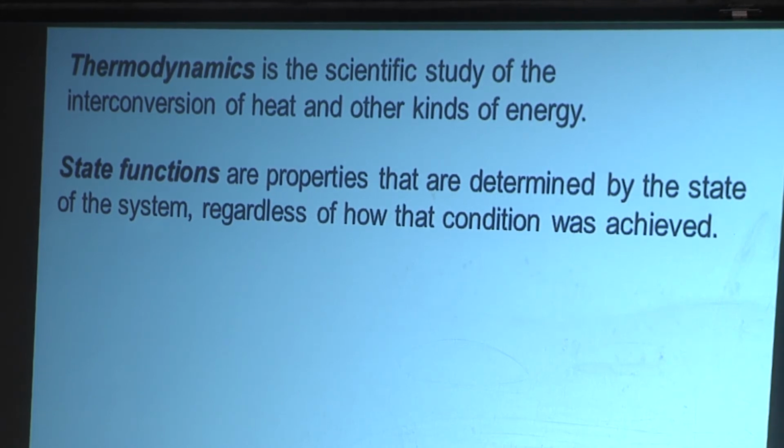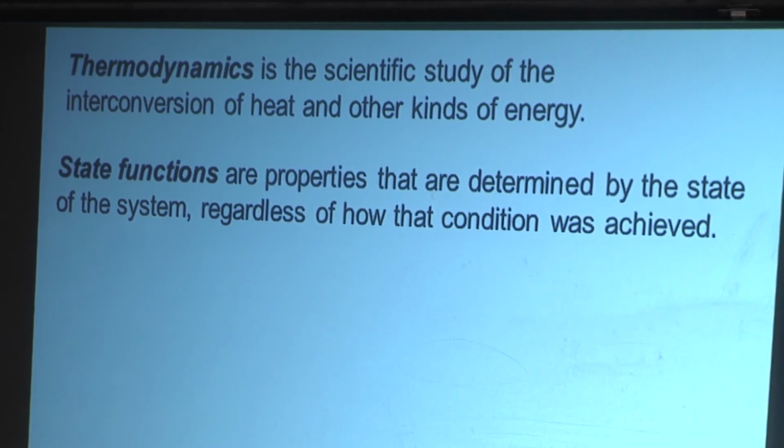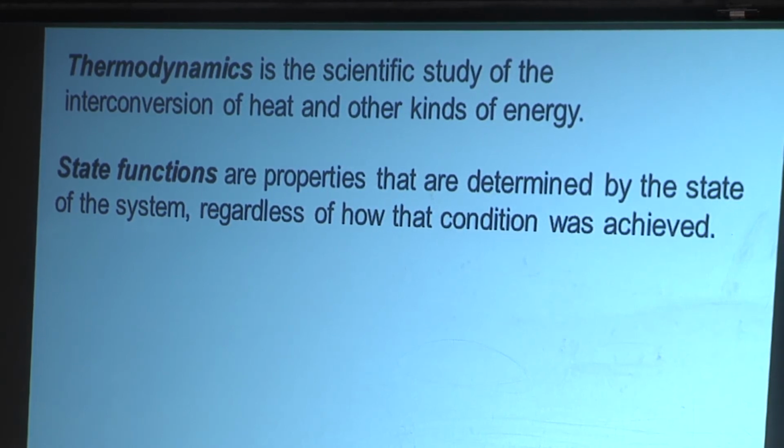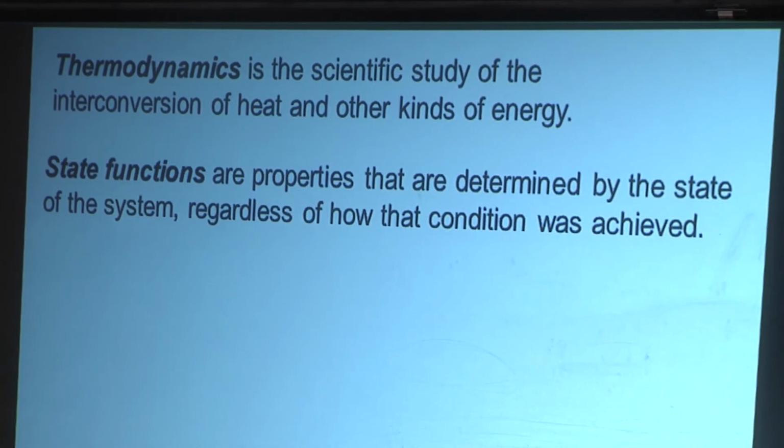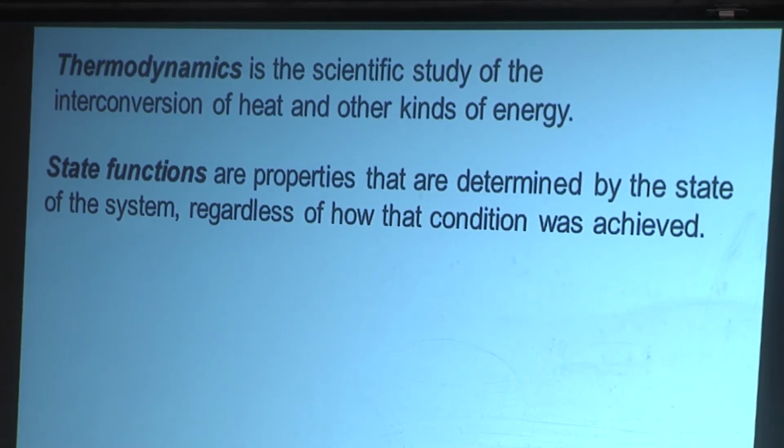And a state function, as the name implies, refers to something where you're looking at particular states of a system. What does that mean? Let's say you're climbing a mountain, right? There might be two interesting states. The first state might be you at the bottom of the mountain, and the second interesting state might be you at the top of the mountain.